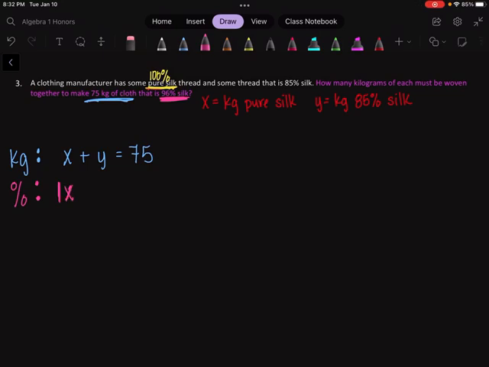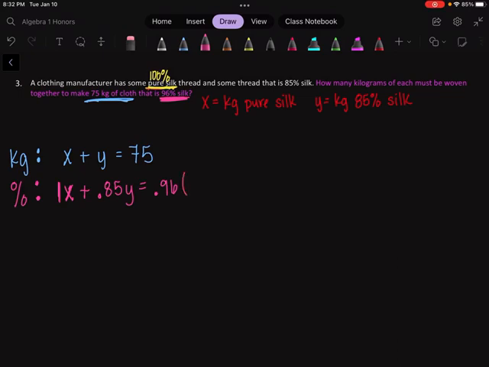Okay, so 100% times the kilograms of pure silk plus 0.85 times the kilograms of 85% silk is equal to, I want 96% times the kilograms total.